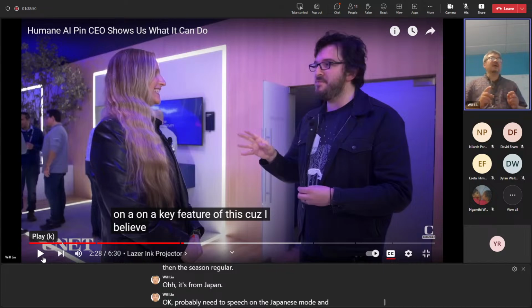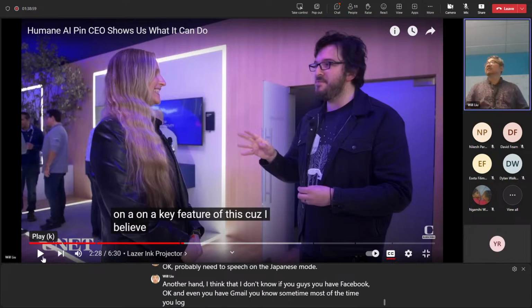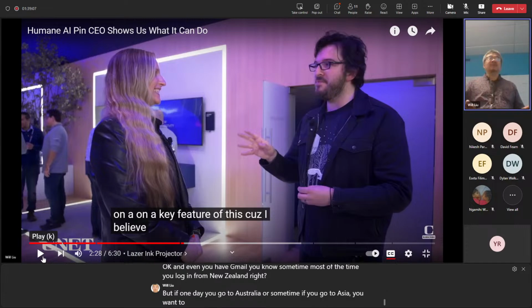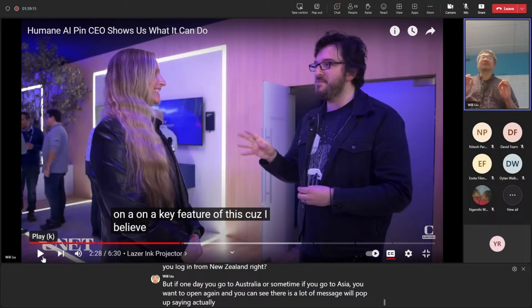On the other hand, I don't know if you guys have Facebook, okay, and even Gmail. You know, most of the time you log in from New Zealand, right? But if one day you go to Australia, or sometimes if you go to Asia, you want to open again, and you can see an alert message will pop up saying, actually, you know, there is an abnormal visit, okay?